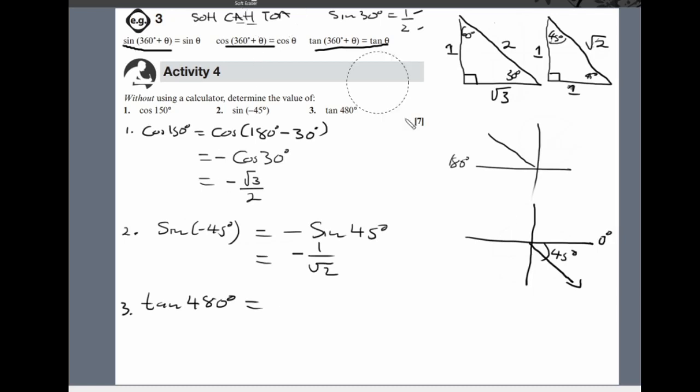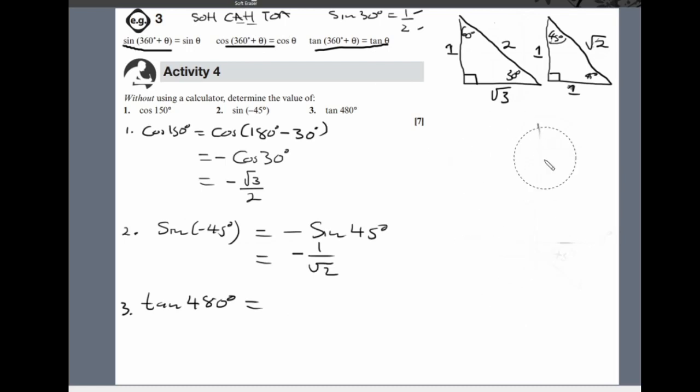So the way to understand this is to go to your Cartesian plane.